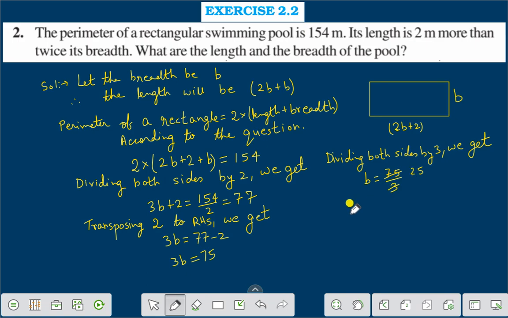Then here we get the breadth is equal to 25 meter.